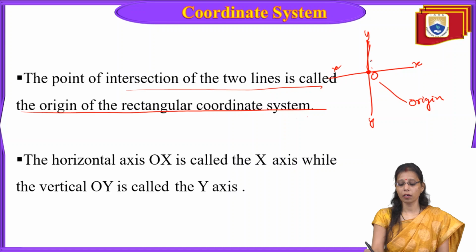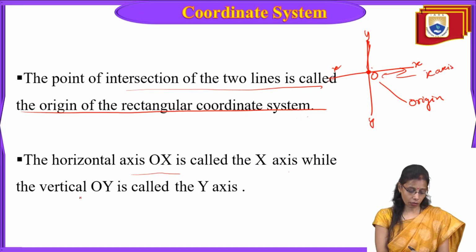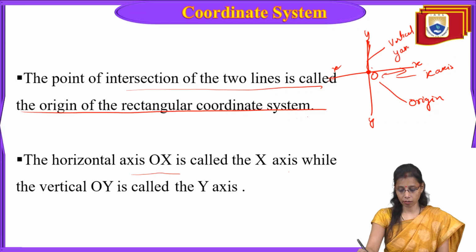Up here is like latitude, this is longitude. The horizontal axis OX is called the x-axis. Now the vertical OY is called the y-axis.